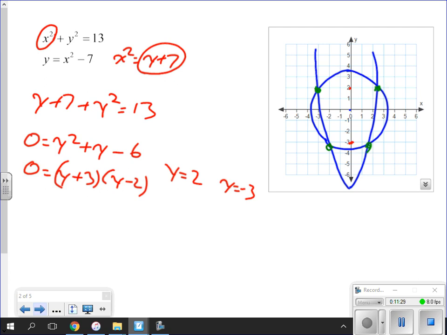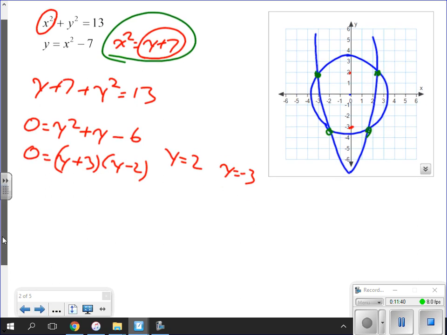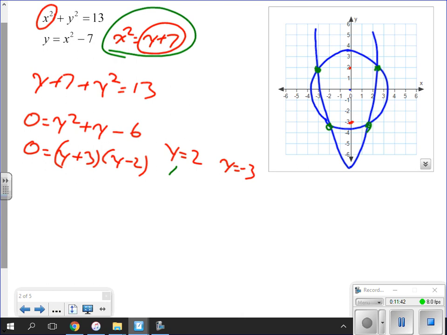Okay. So what I do is I just want to take 2 and put it into, might as well do it into that one. So for this one here, I've got x squared equals 2 plus 7.